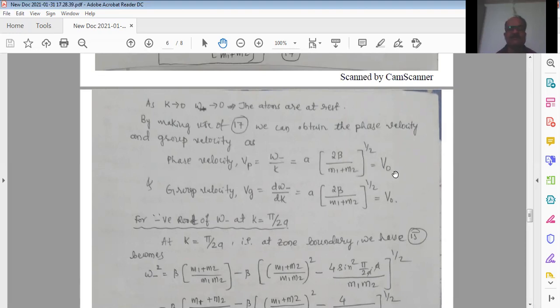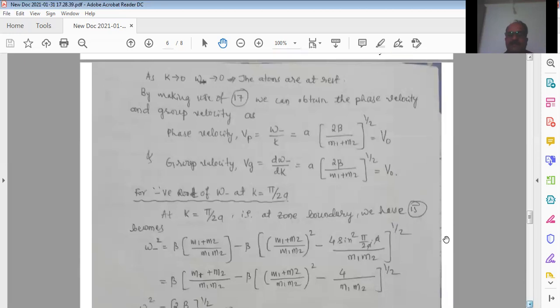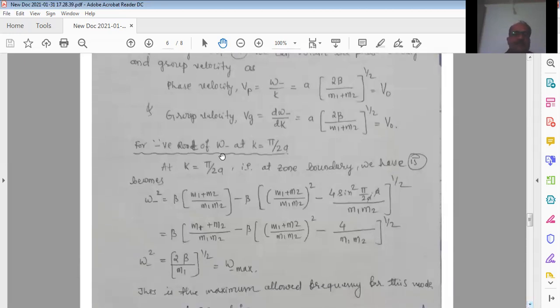This is v naught, just by substituting the value of omega minus. And the group velocity Vg is equal to d omega minus by dk, which is equal to a into (2 beta divided by m1 plus m2) raised to half, which is also v naught. For the negative root, these are the values at k is equal to 0.